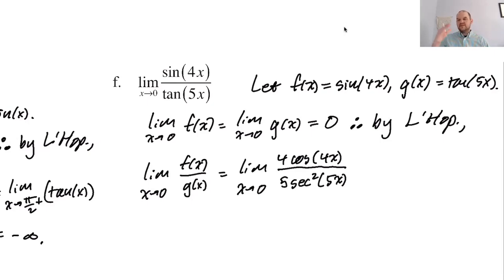So it's secant squared of 5x times the derivative of 5x, which is 5. So 5 secant squared of 5x. Okay, so now direct substitution: the cosine of 0 is 1, which means the secant of 0 is also 1. So this is just going to be 4/5. And we got it.